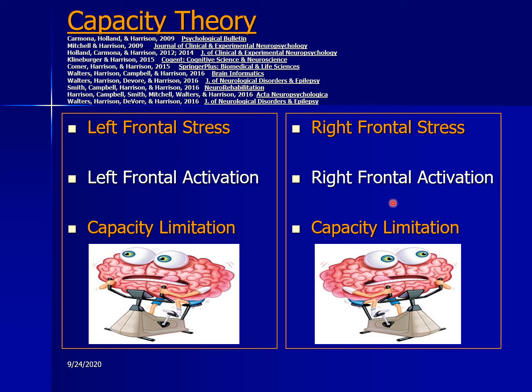Just like a football player might exceed his capacity and pull the muscle from the bone, a very traumatic event may damage that right frontal lobe and produce a PTSD-type syndrome. Anyway, that's kind of a rough view of the theory, and you can read more about it perhaps in Psych Bulletin here with Carmona from our laboratory.